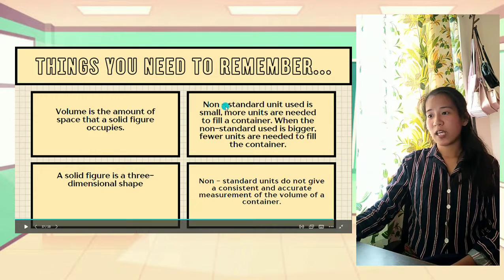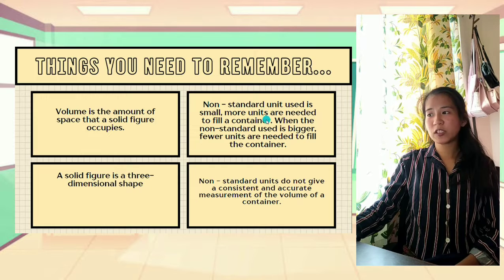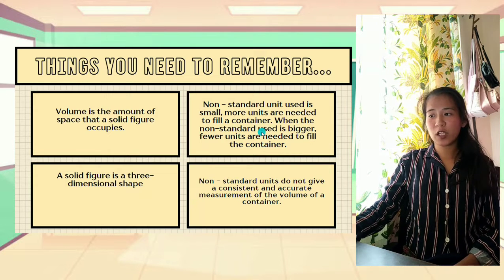Non-standard units are used. When the non-standard unit used is small, more units are needed to fill a container. When the non-standard unit is bigger, fewer units are needed to fill the container.